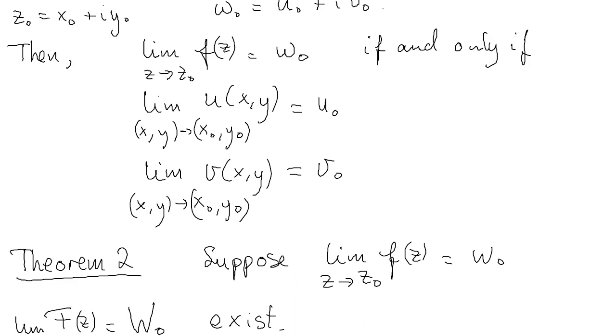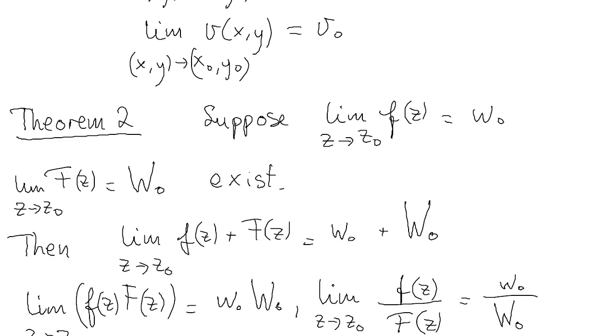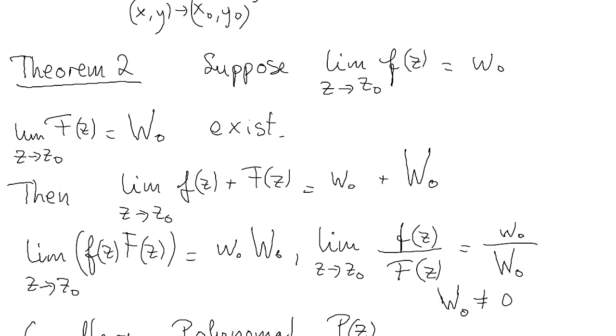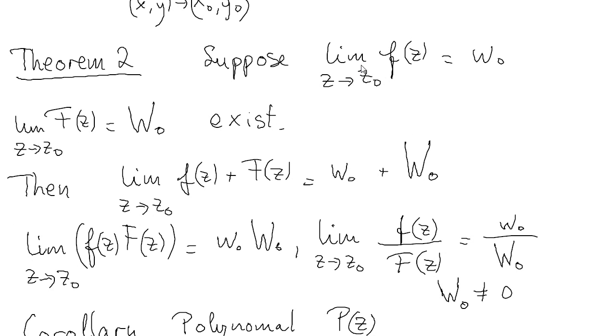We also have a second theorem here. Suppose that this limit, which we called small w0, exists. And we also assume that we have some other function which we call capital F of z, and that the corresponding limit of this function exists when z approaches the same point z0.